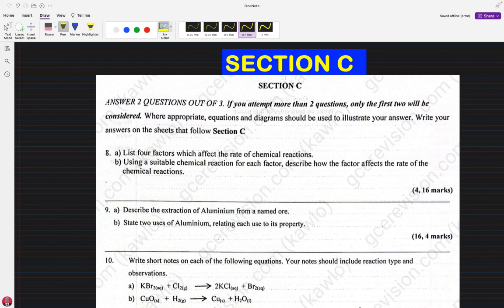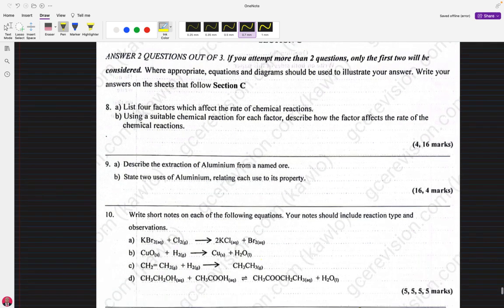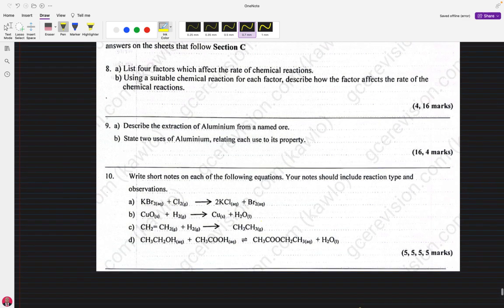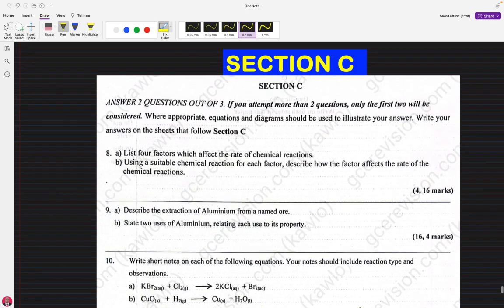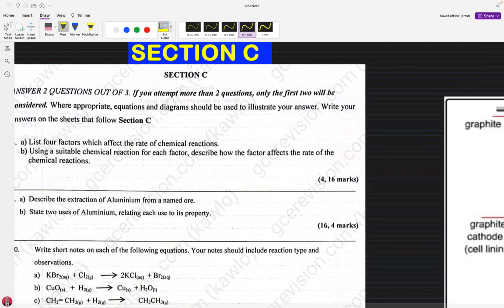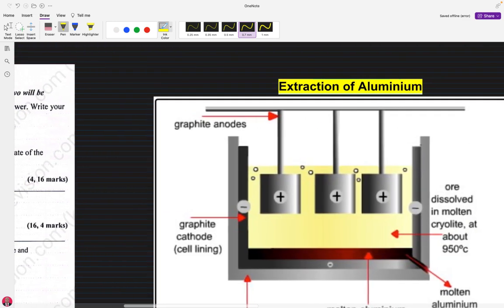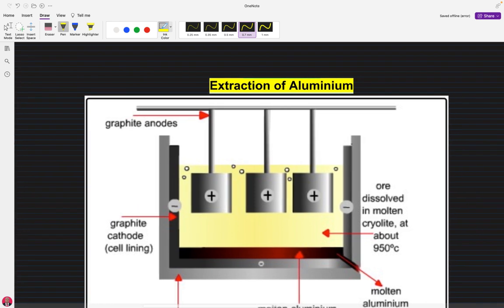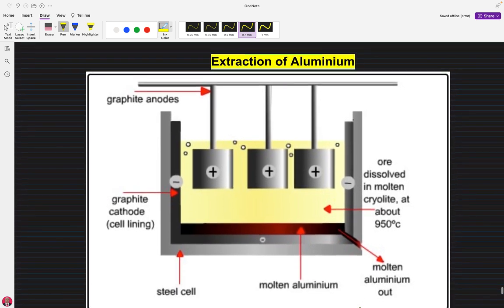Let's get started here. We are starting with the ore. Here is an example of a schematic diagram on how aluminium is extracted. In this diagram, you will find the graphite electrodes, the graphite anode and the graphite cathode.